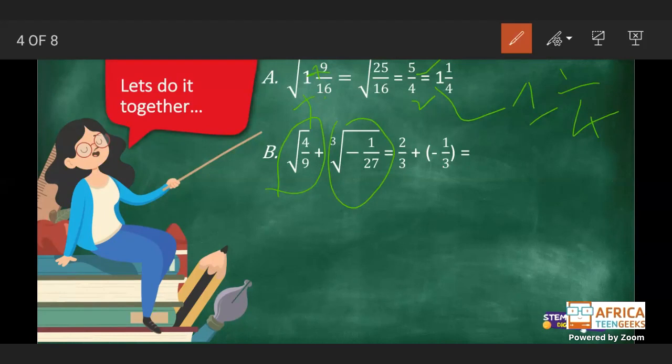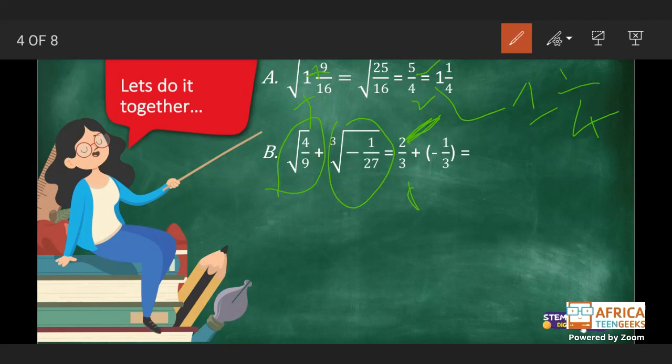So let's find the square root of 4. First things first, that will be 2. Now let's find the square root of 9. The square root of 9 is 3. And when we verify, what did I say? I said that we multiply the very same number with the number.